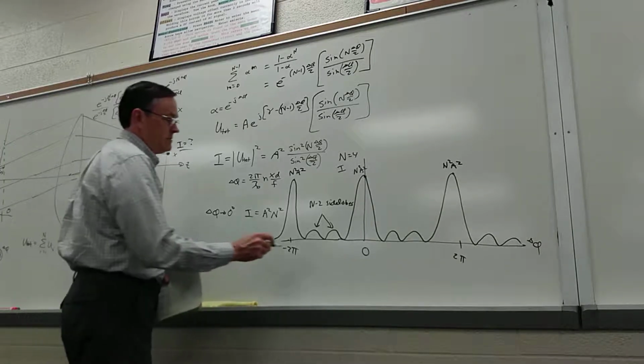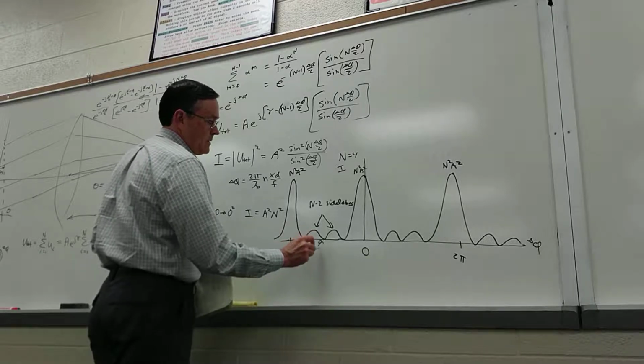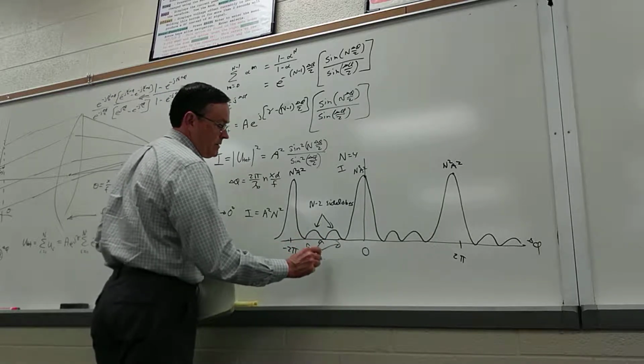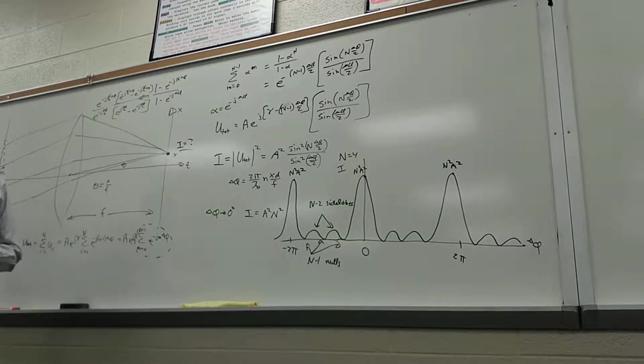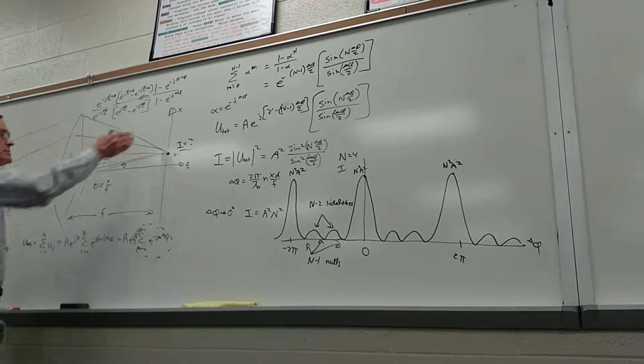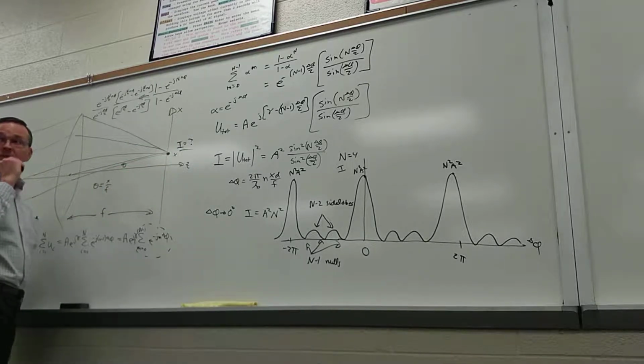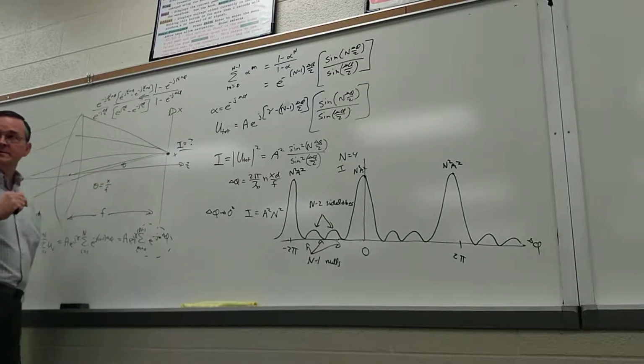There are n minus 1 nulls between the main lobes. And then the main lobes have this irradiance that's n squared times the irradiance of a single beam. Okay, so if we looked here on this screen, then this is the pattern we would see.